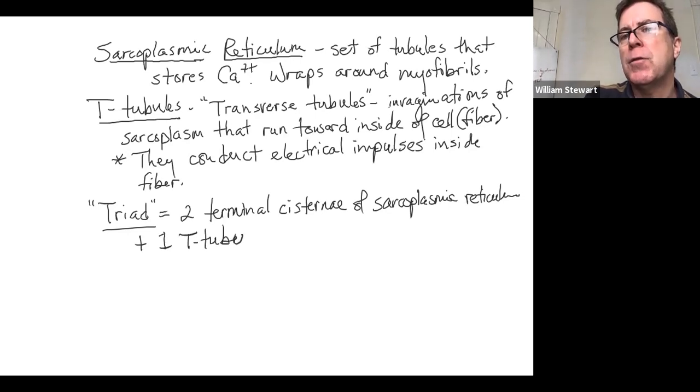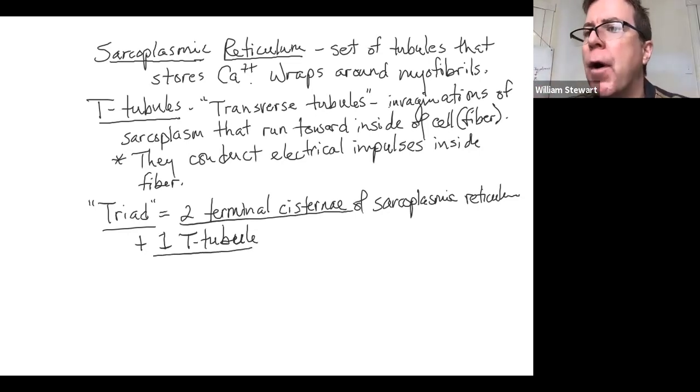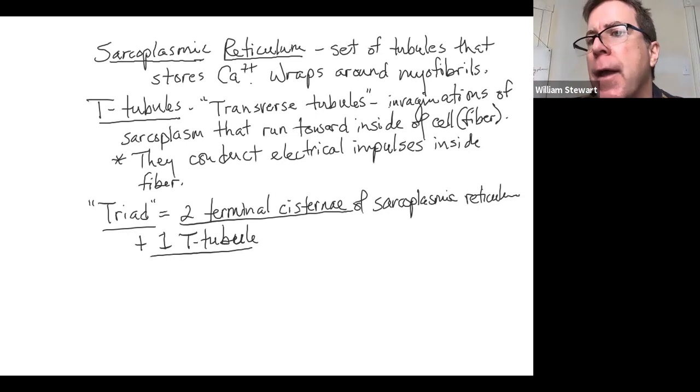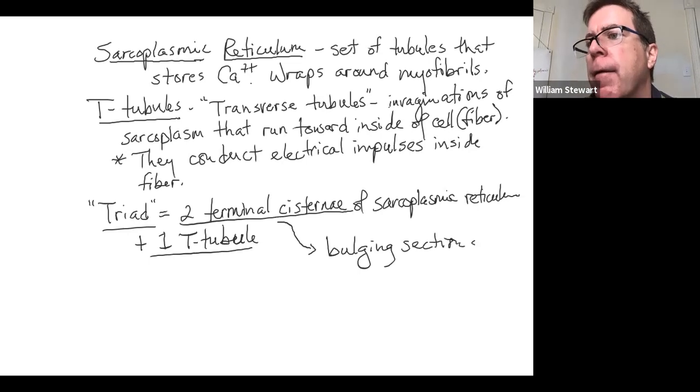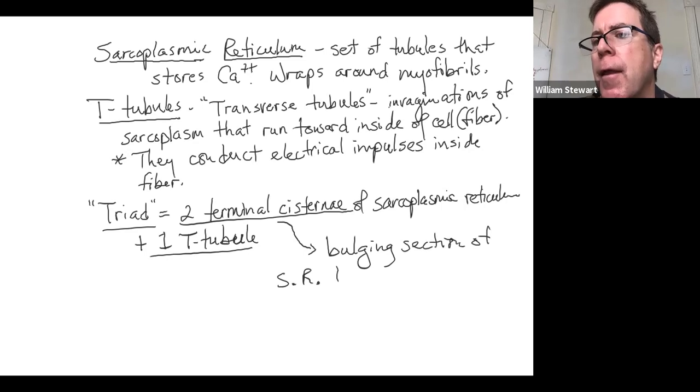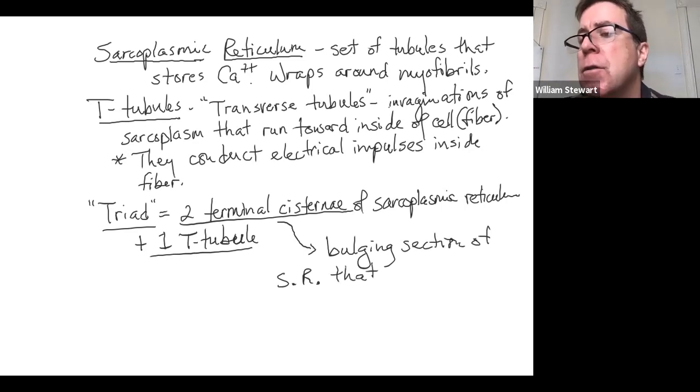So we have two terminal cisternae plus one T-tubule equals a triad. What is a terminal cisternae? A terminal cisternae is just a bulging section of sarcoplasmic reticulum that has large stores of calcium ions in it.